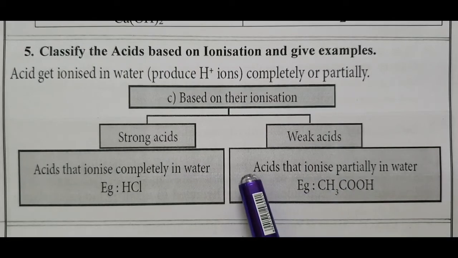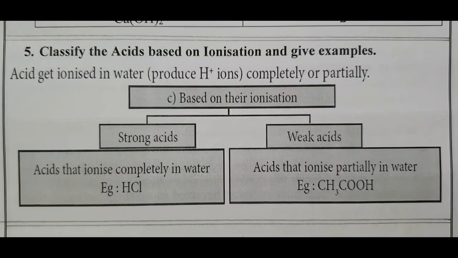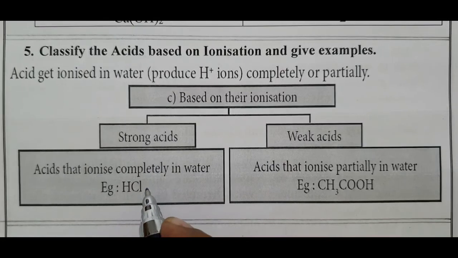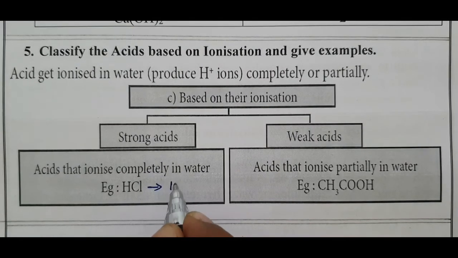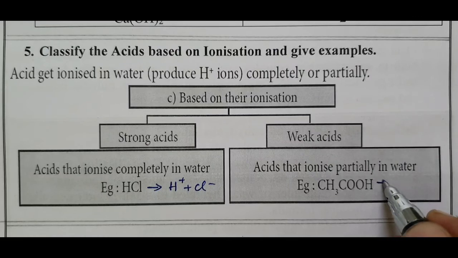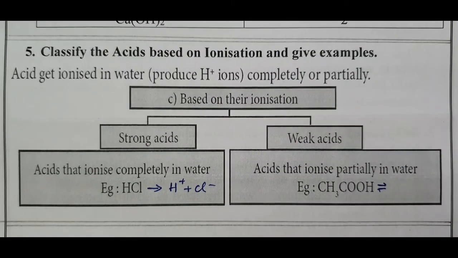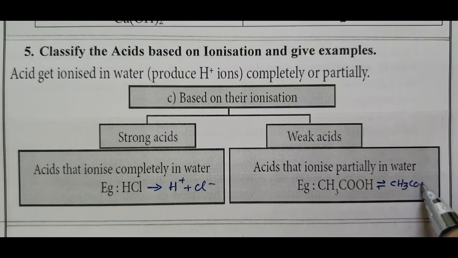Weak acids ionize partially in water, example acetic acid. The complete ionization is indicated by a single-headed arrow, giving H+ ion and Cl- ion. The weak acid's partial ionization is indicated by a double-headed arrow. Acetic acid undergoes ionization to give acetate ion and H+ ion.